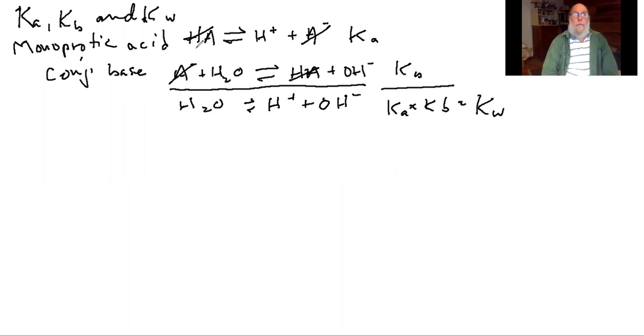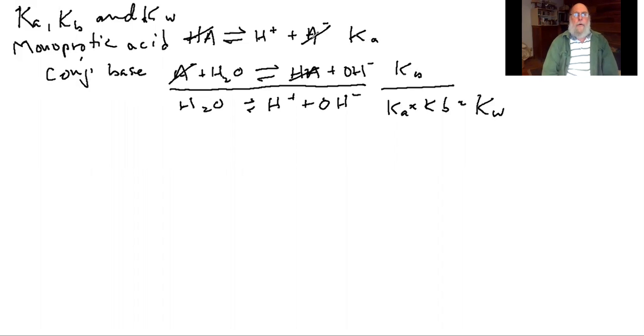We have our generic acid HA that dissociates into a proton, or more properly hydronium, but we'll leave that, and the anion with its dissociation constant Ka. If we then take the conjugate base, the anion, add water, and it protonates to form the acid and releases a hydroxyl with its hydrolysis constant Kb, or some people call it dissociation constant.